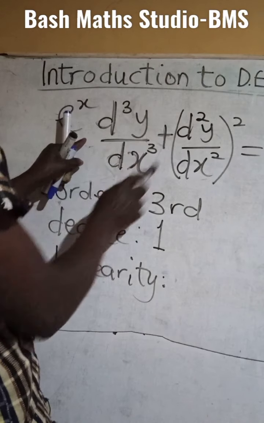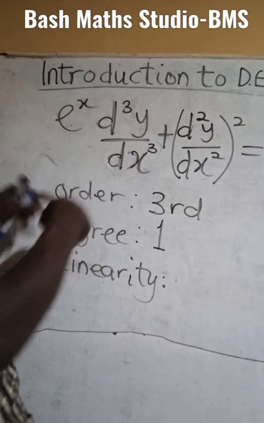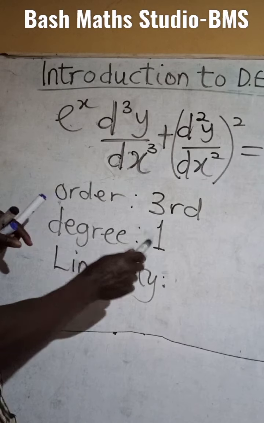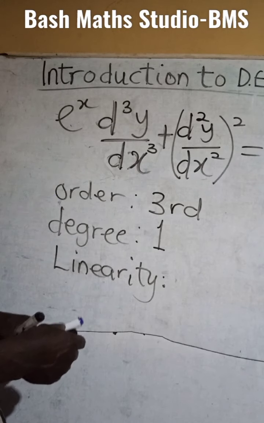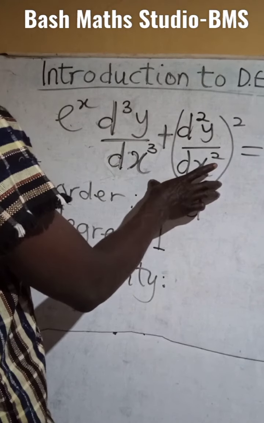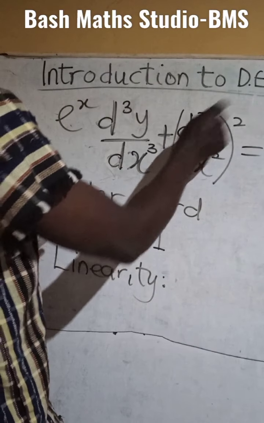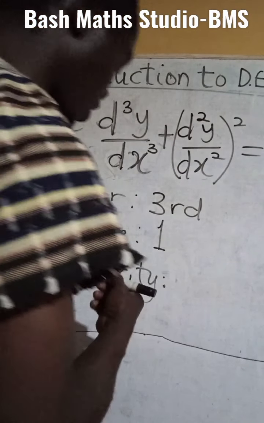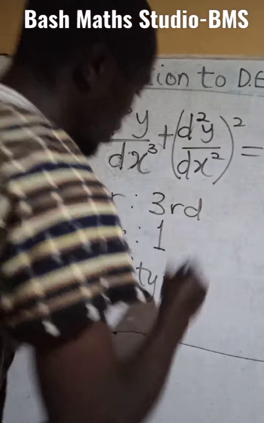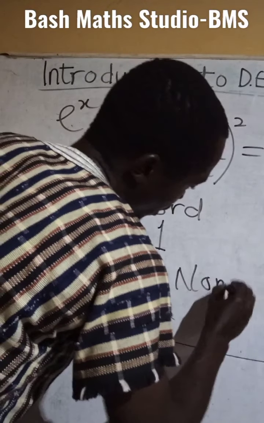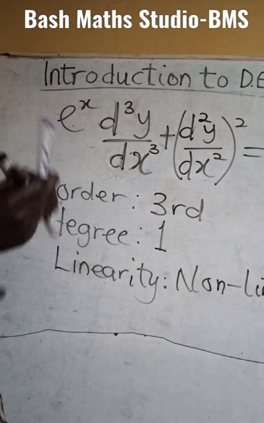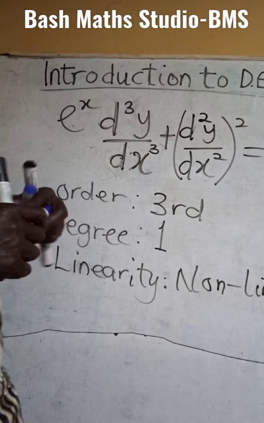Clearly this is the highest order and its power is 1, and therefore we say that it is of degree 1. Linearity. Is this equation linear? No. One of the unknown function terms is exponential or of power 2, and therefore this is nonlinear.